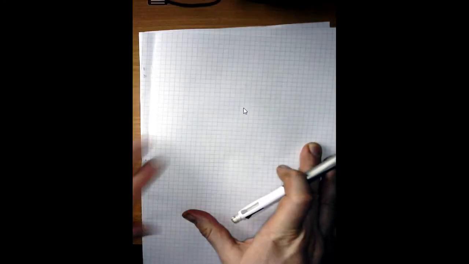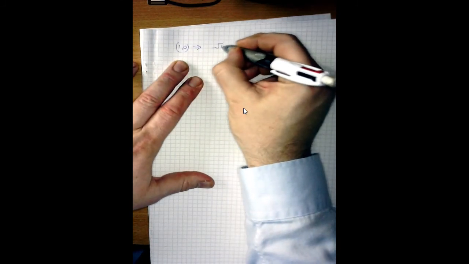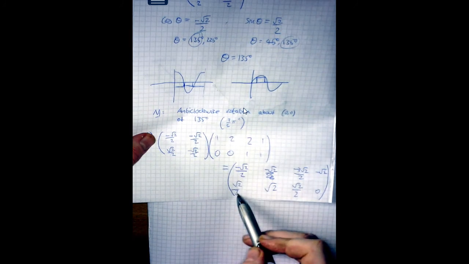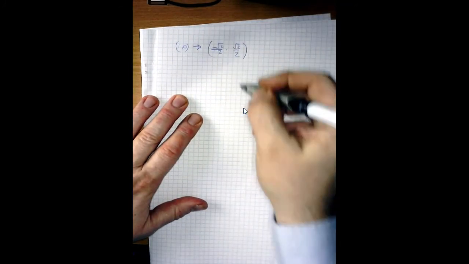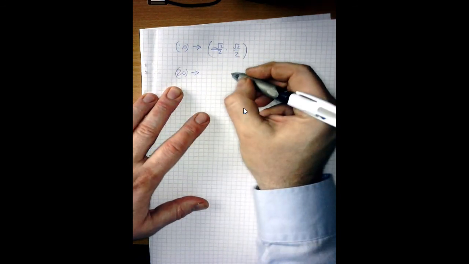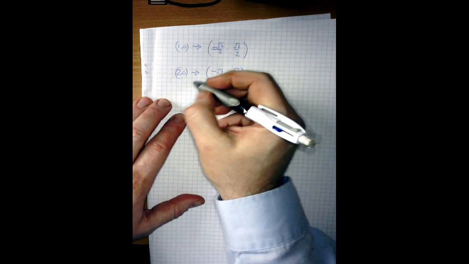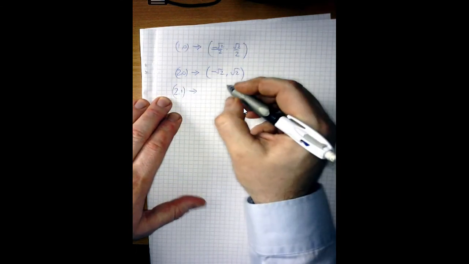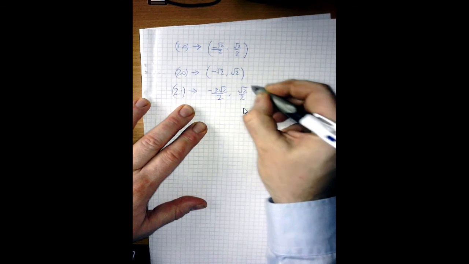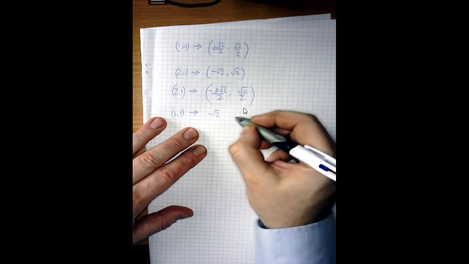So (1, 0) maps to (minus root 2 over 2, root 2 over 2), that's just from the first pair, etc, etc, etc. (2, 0) maps to (minus root 2, root 2), (2, 1) maps to (minus 3 root 2 over 2, root 2 over 2), and (1, 1) maps to (minus root 2, 0).